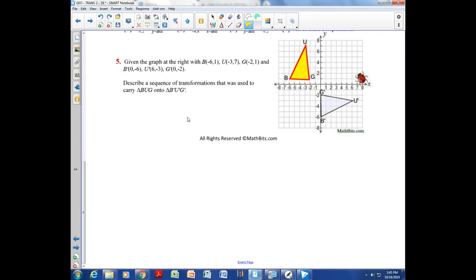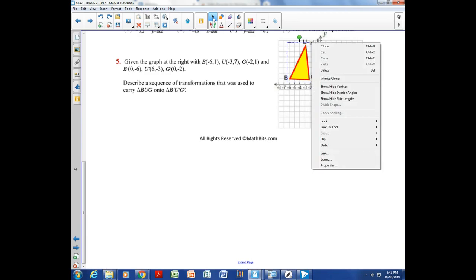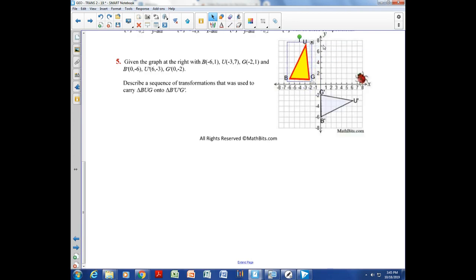But one thing I like to do, I think the easiest thing for me to visualize, is find one pair of corresponding points. Well, obviously we have the G and the G prime. And what I do is I'm going to clone this here. I take that G and I just drag it right to the other one. And that right there would be a translation, right?